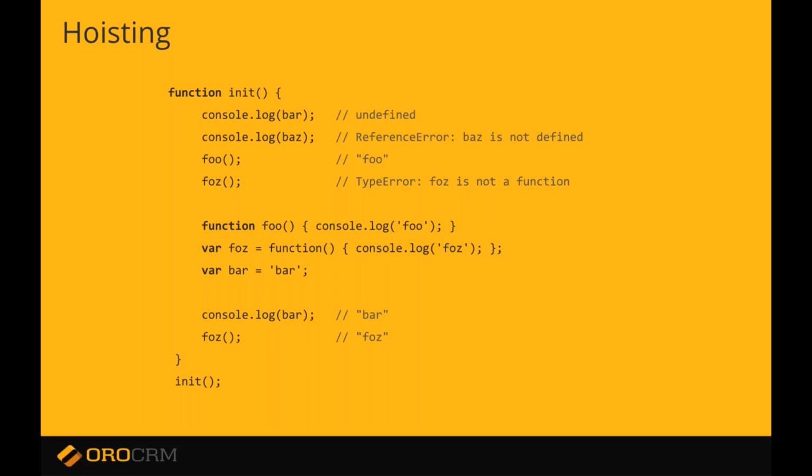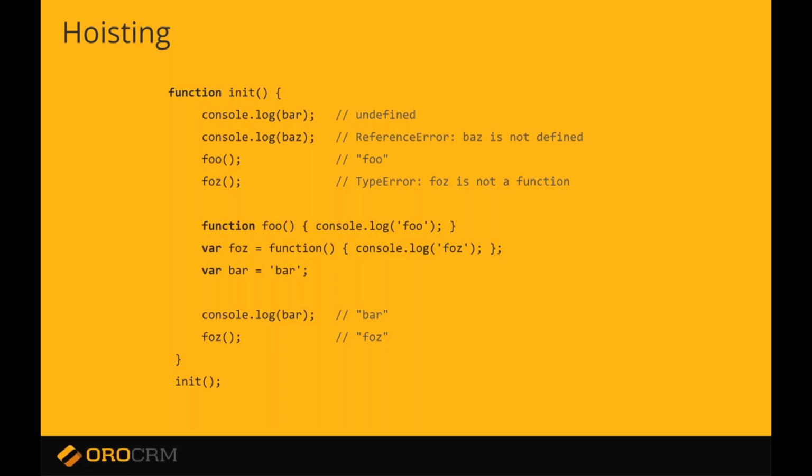Pretty much the same way it works with functions. Function foo, for example, we can execute because it was declared with the reserved word function, and this function will be accessible even though it is declared below. But once we try to execute function fourth, which is also declared below, we cannot.